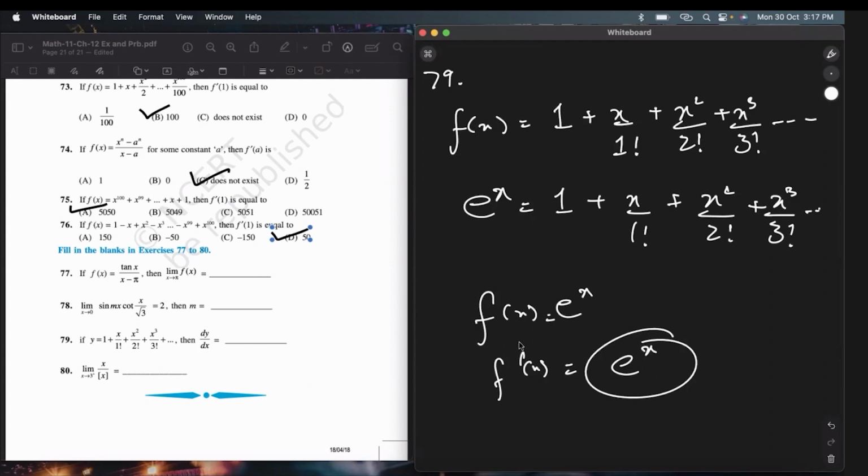Although it is true, in order to give a better answer for this question, I'll suggest that you write dy by dx equal to y. Because y was equal to e to the x, and y dash is also equal to e to the x. e to the x is equal to y, so just write y over there.